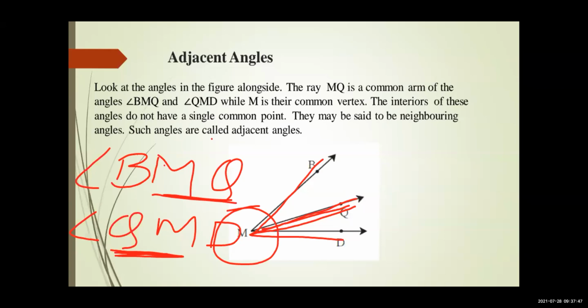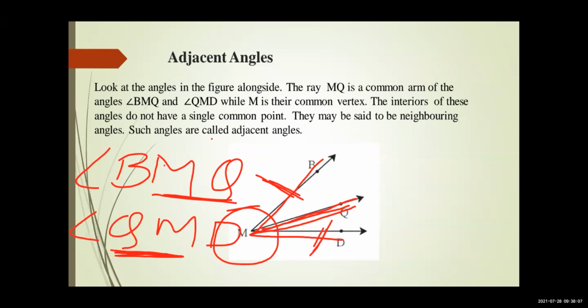In the interior there is no common point. They may be said to be neighboring angles, the one beside the other. So that type of angle is called an adjacent angle.